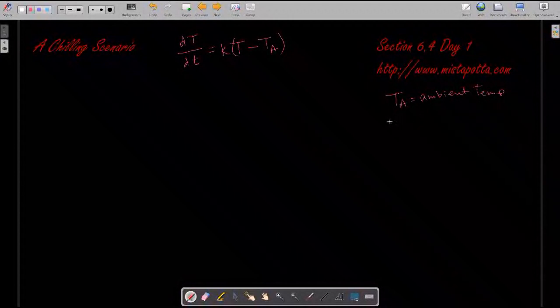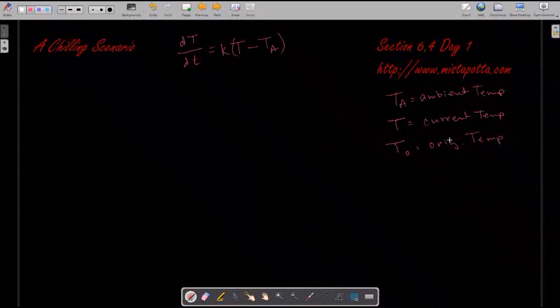And whenever I talk about T, that's going to be my current temperature. But we'll also be talking about T sub 0, which is my original temperature. In other words, the temperature of my item before I started heating it up, or before I started cooling it down.